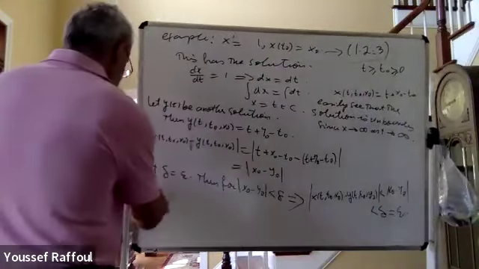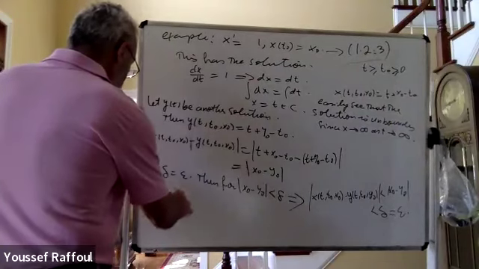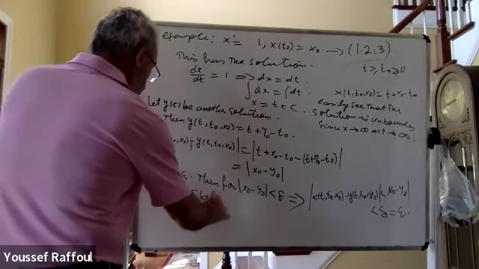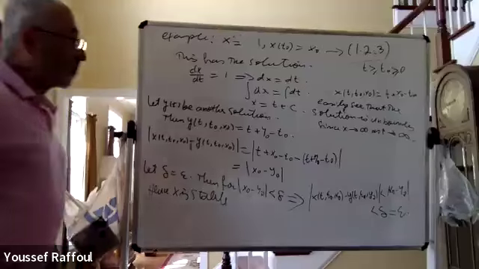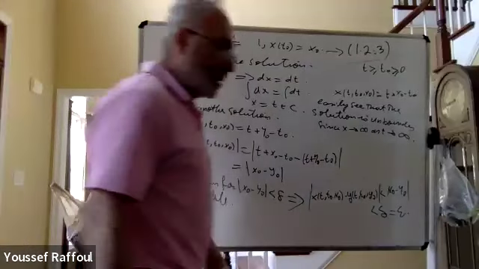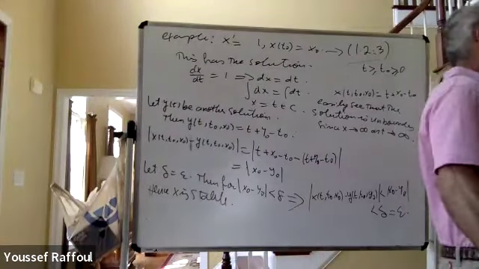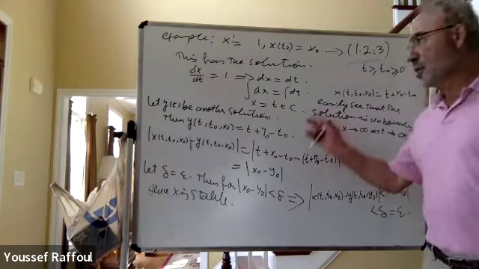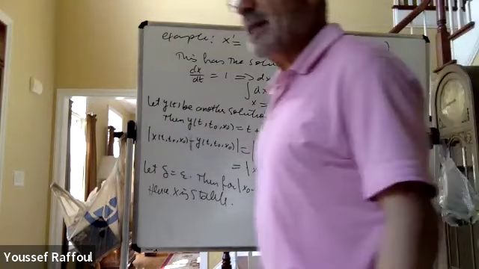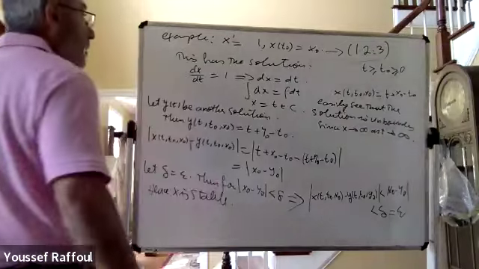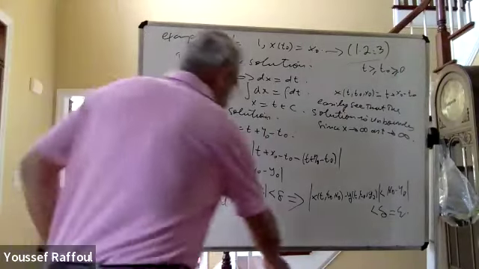So hence x is stable. So you may look at it and say, whoa, here we just showed that the solution is unbounded and yet it's stable. Well, yes, it is.